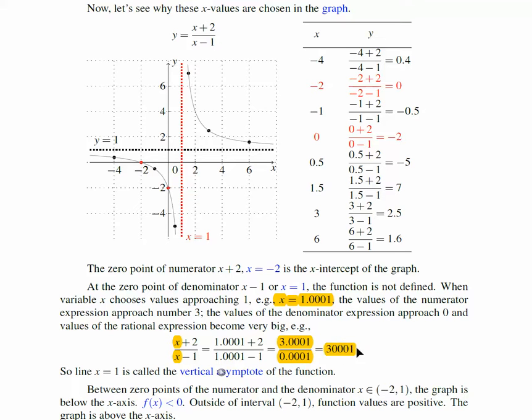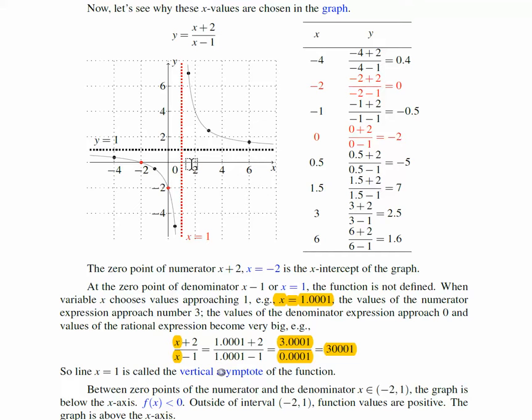That's why when x is close to 1 from the right-hand side, the value goes very big, outside of this range. So this explains why we have a vertical asymptote when x approaches 1 from the right-hand side.